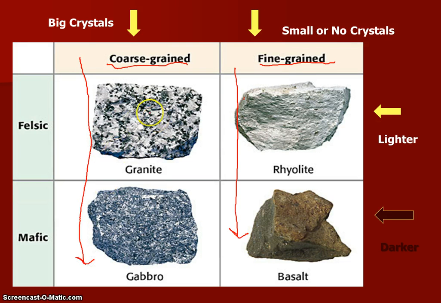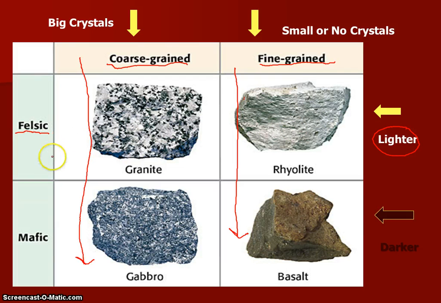So granite and gabbro are both coarse-grained rocks. Fine-grained rocks are rhyolite and basalt. Now, each of coarse grain and fine grain can have a lot of silica or not in it. So remember, our fair felsics have a lot of silica, so they're going to be light-colored.